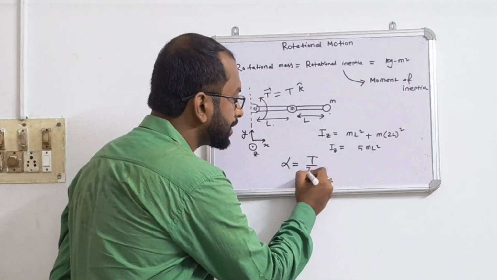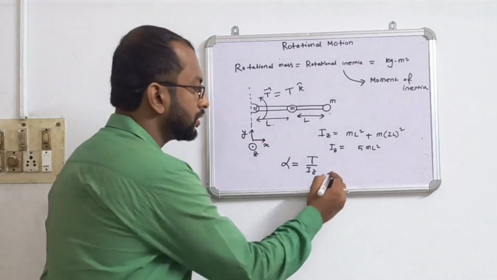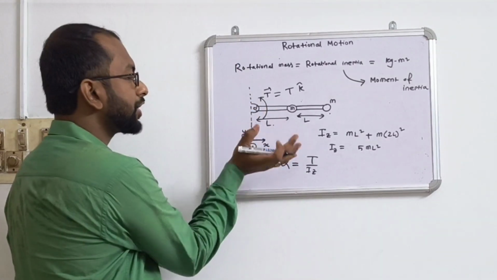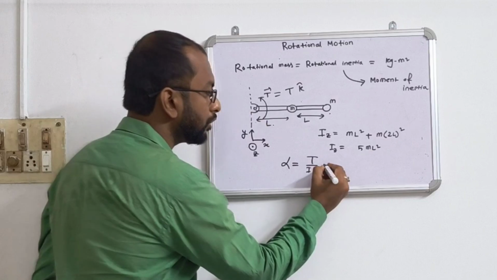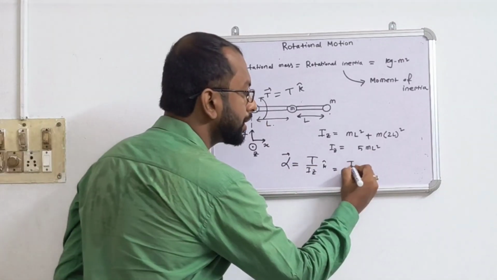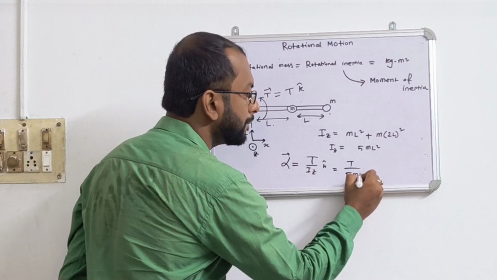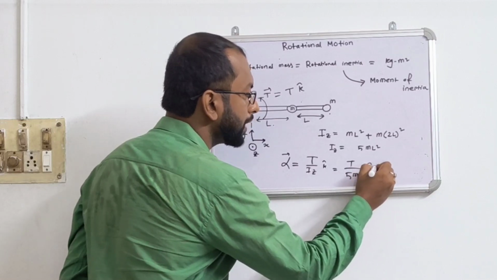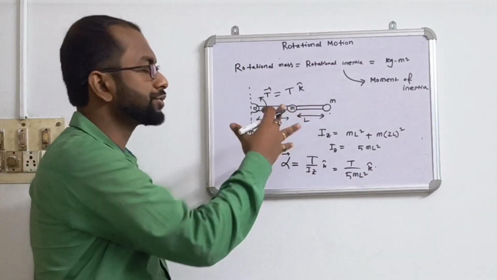So it is Iz. And it will get in which direction? This direction, Z. So it will always be K, so it is a vector. So it is T by 5ml square into k cap. That is going to be the angular acceleration of this system.